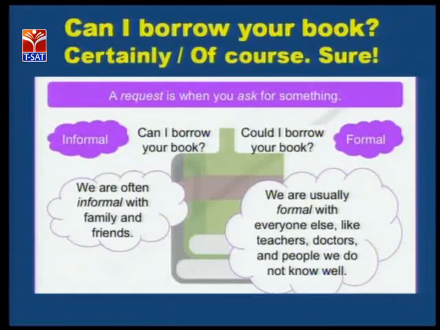For that we use, can I borrow your book? That is our question. Here you observe, we use can. This can shows our ability. We use it to show one's ability, but along with that, sometimes we use it for requesting also.